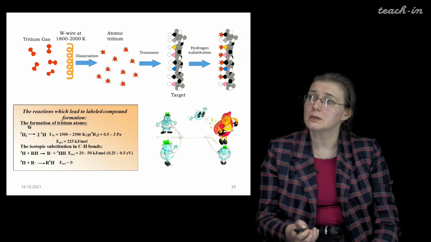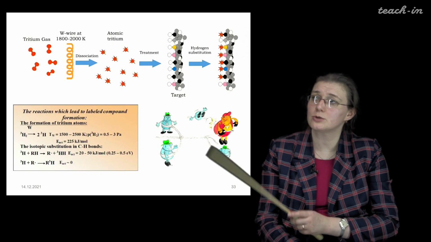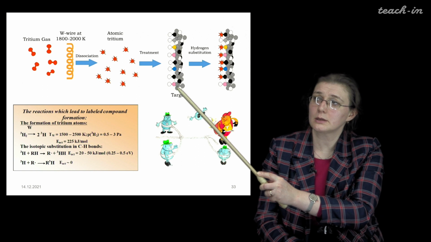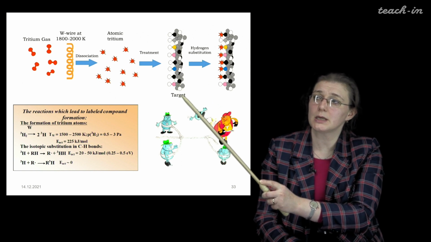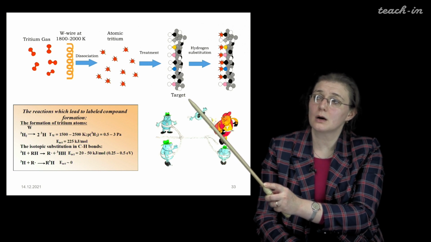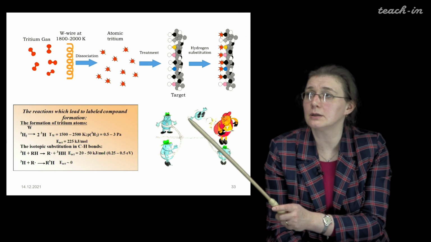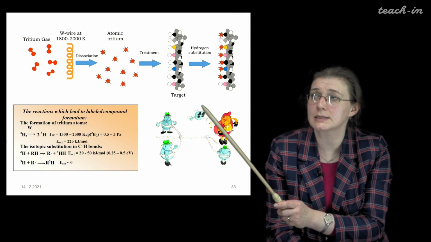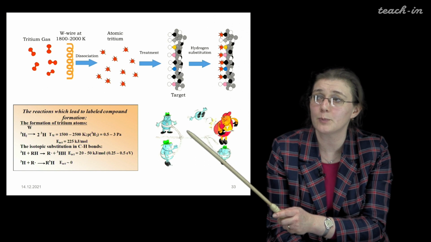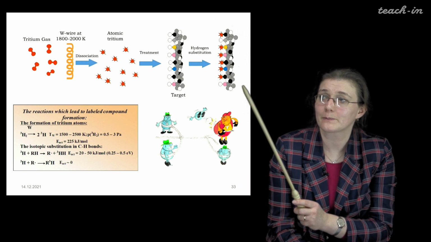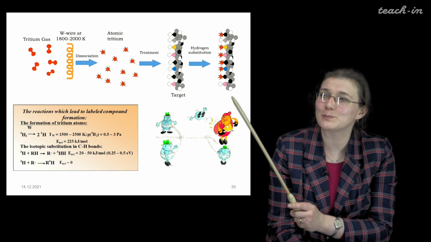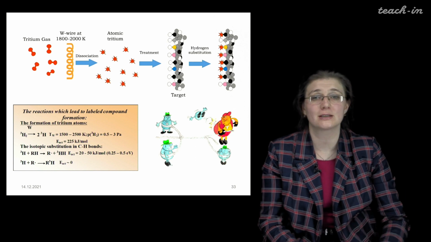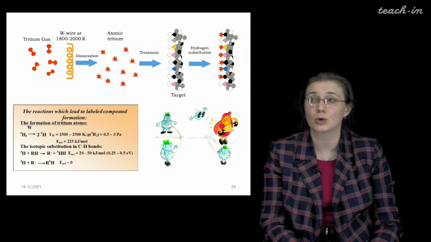And if such prepared tritium atoms interact with the organic target, which is placed on the walls of the reaction vessel, tritium atoms can substitute hydrogen in any possible position. You understand, it's a joke. In any possible position in the initial organic molecules.